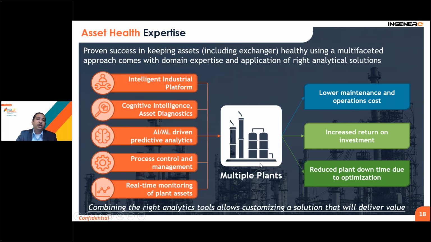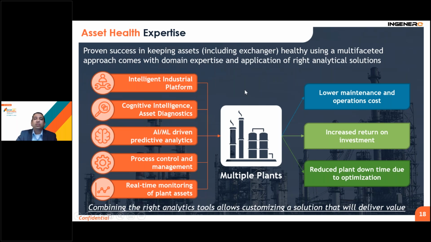If we understand it correctly, digital solutions are driving changes in the process industry. They are leading to innovations and driving the process industry to a new level of excellence, which could not have been possible with traditional means.